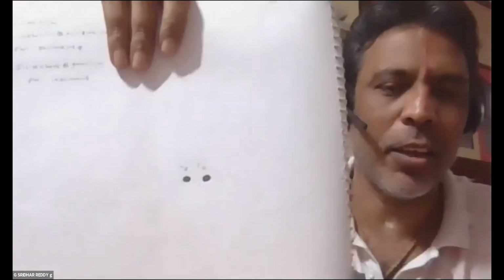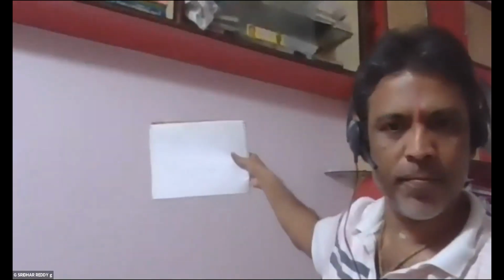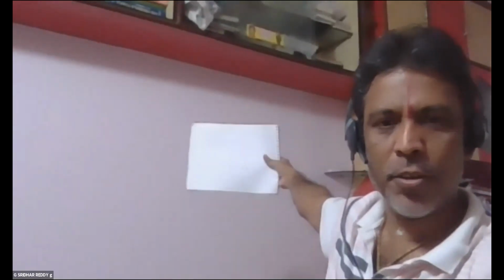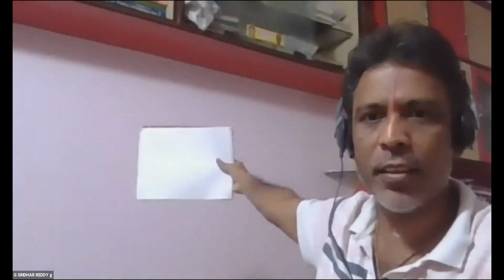Now, as I move away, I think okay, still you are able to see. Now you are unable to see the two dots, or the dots may appear as one single dot here.